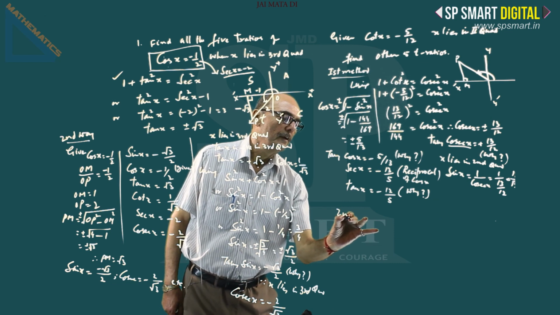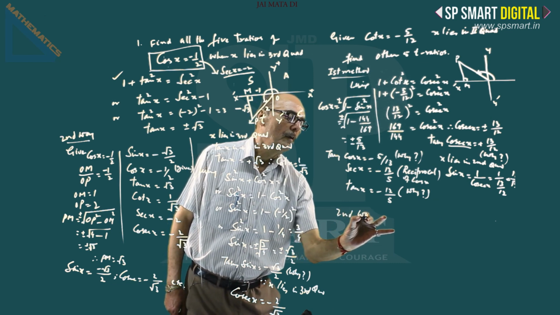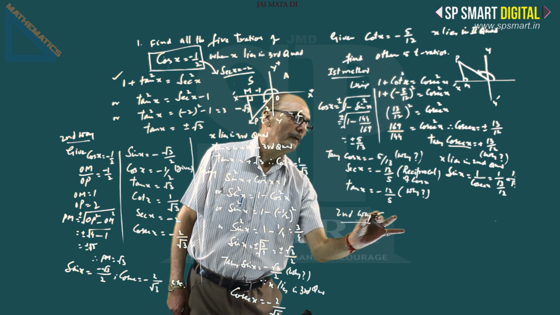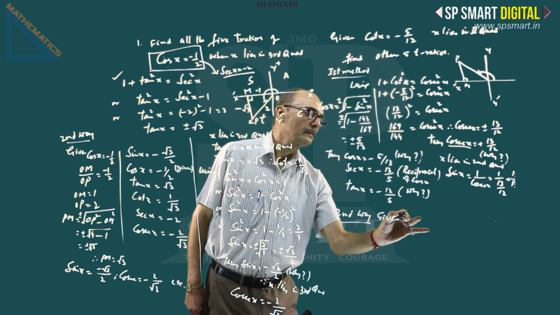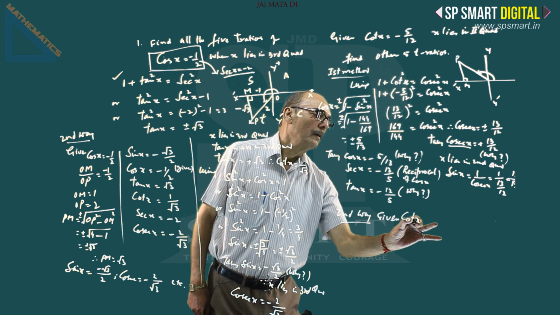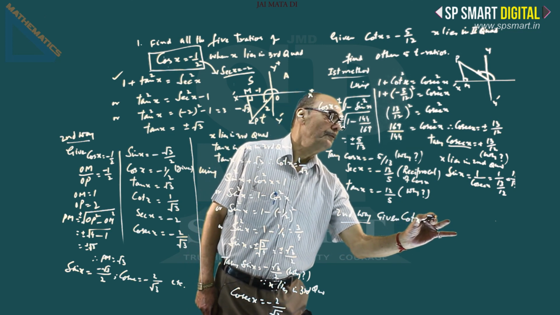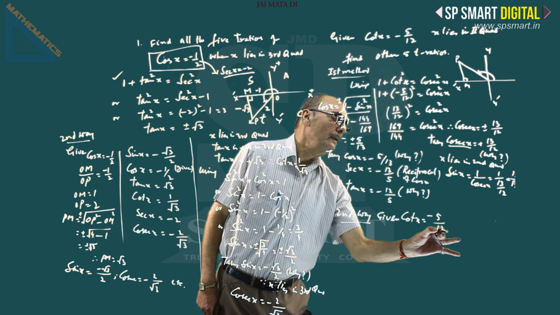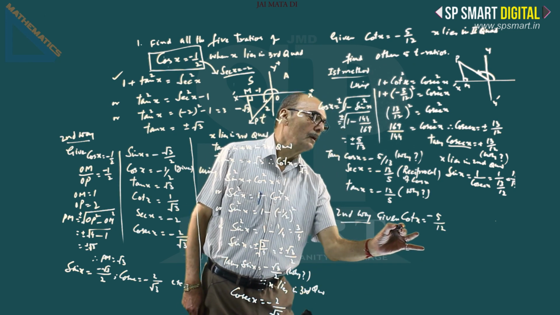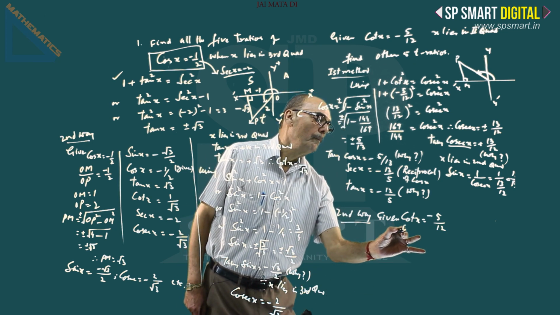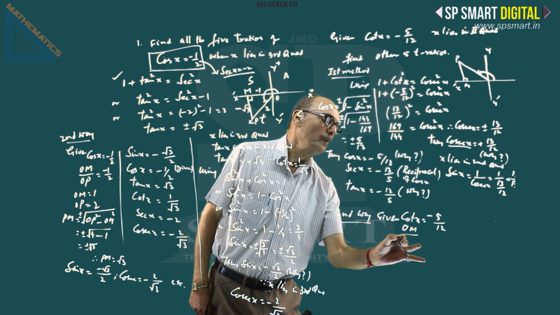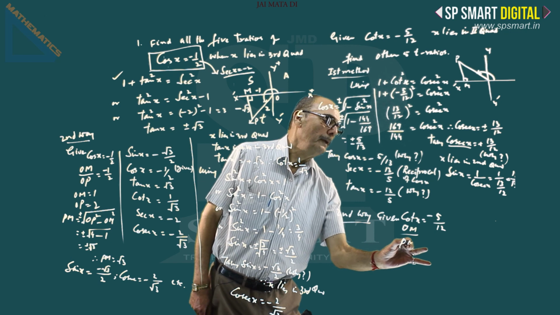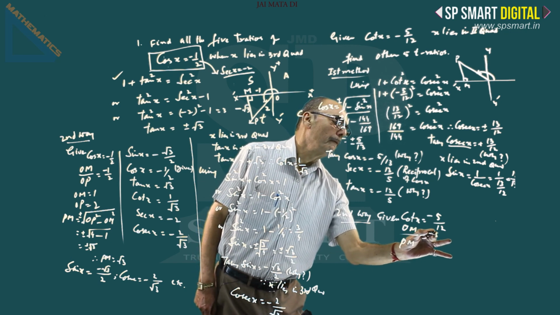Second way, given cot x equal to minus 5 by 12, base OM upon PM, 5 by 12.